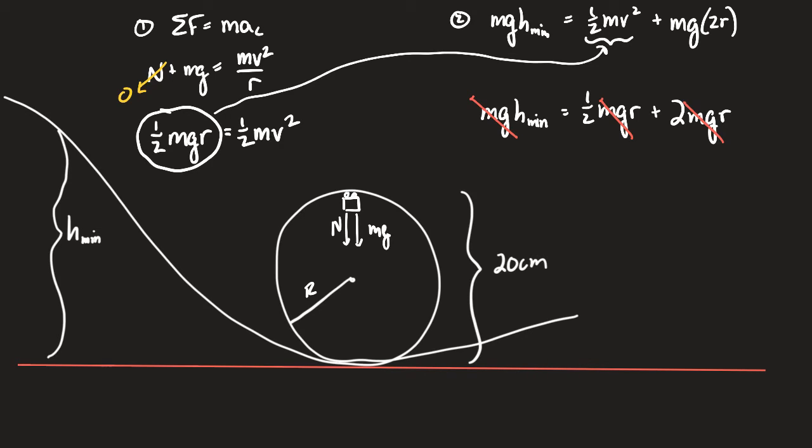You do notice that, right? Do we all see that? All the mg's cancel. And on the left side, I get h min equals 1/2 r plus 2r, which is 2.5 r.